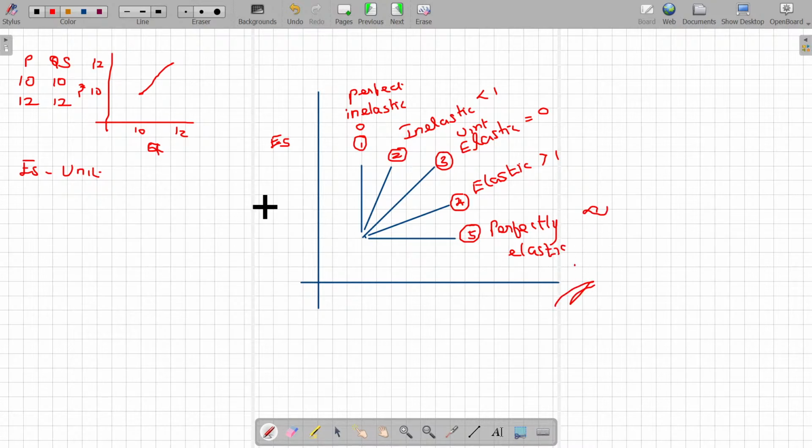Come on, make a note of it. Here being price, here being units or quantity. Unit elastic is 1.